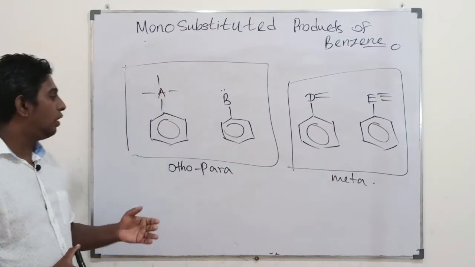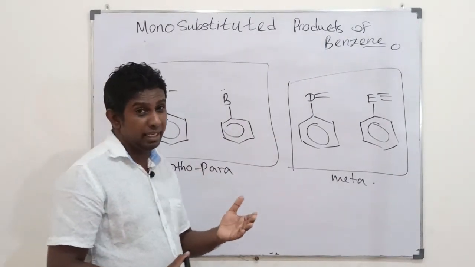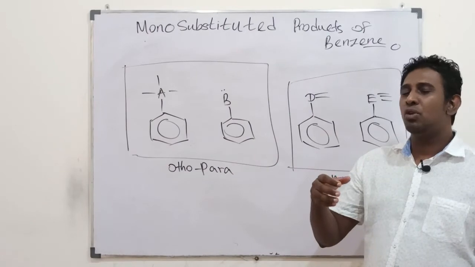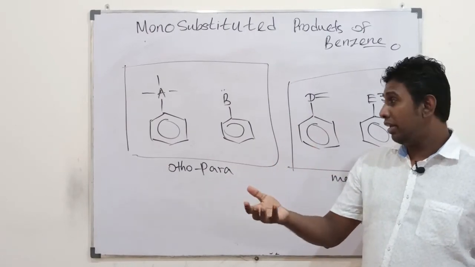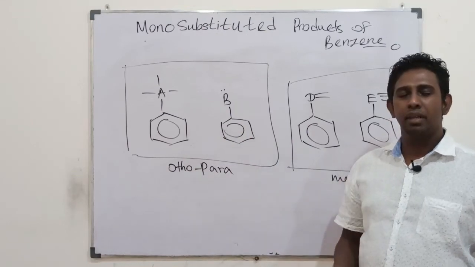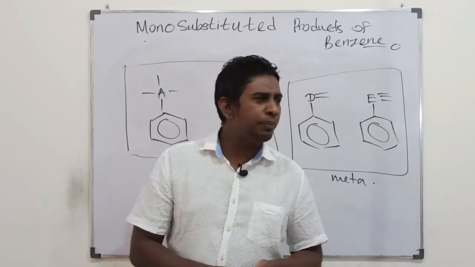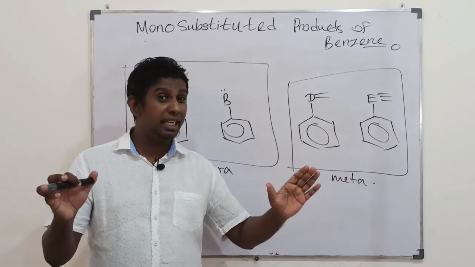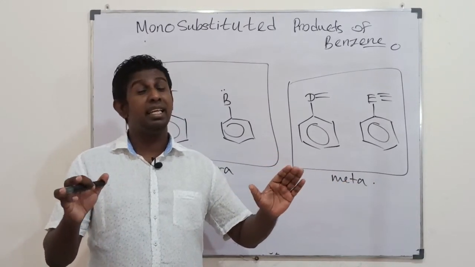Then further, all the ortho-para directing groups except halobenzene, except chlorobenzene, are the activating groups. Again, all the meta-directing groups of benzene are deactivating groups. This is not chemistry theory.